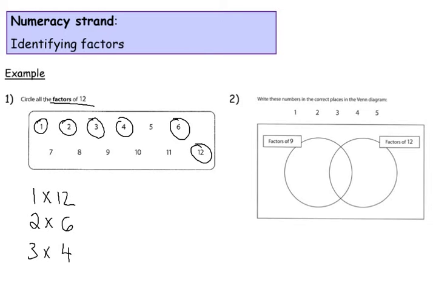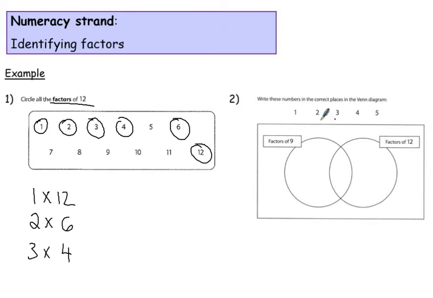The next question, it says to write these numbers in the correct places in the Venn diagram. So the numbers are 1, 2, 3, 4, and 5. So first of all, what a Venn diagram is, that if any of these numbers is only a factor of 9, it will go in this circle. If any of the numbers is only a factor of 12, it will go in this circle.